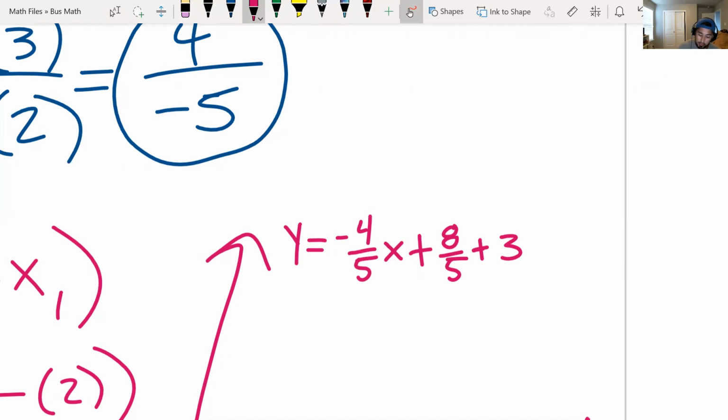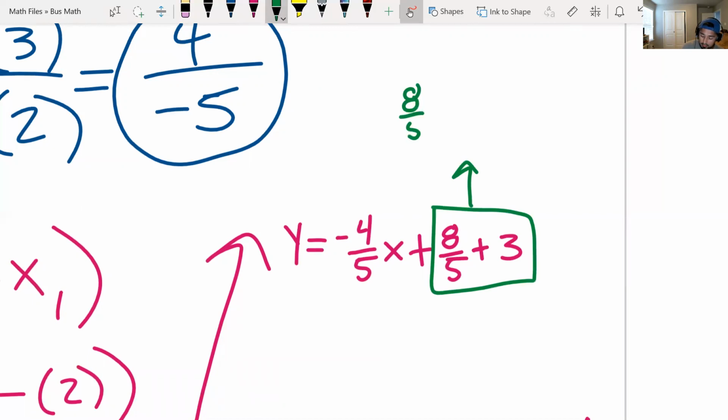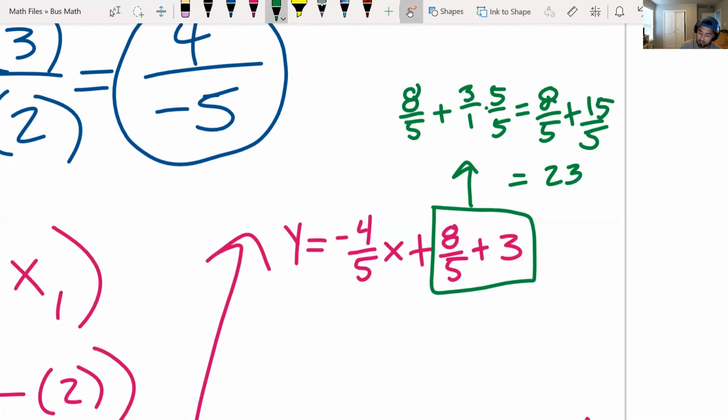Okay. So we want to combine these two. So let's do that really fast. You'd make it 8/5. You would change 3 into a fraction, 3 over 1, multiply by a denominator of 5, you would get 8/5 plus 15/5, which would give me 23/5.